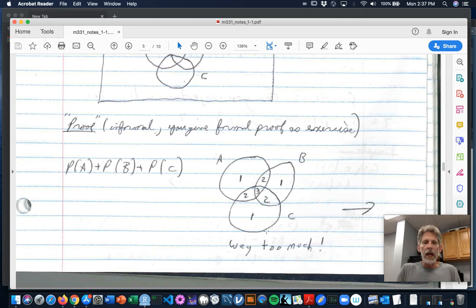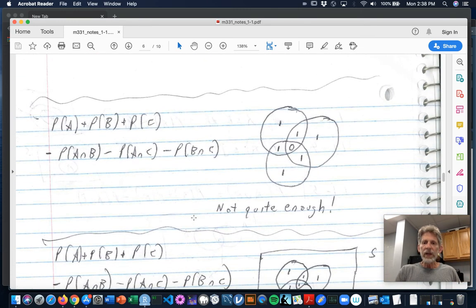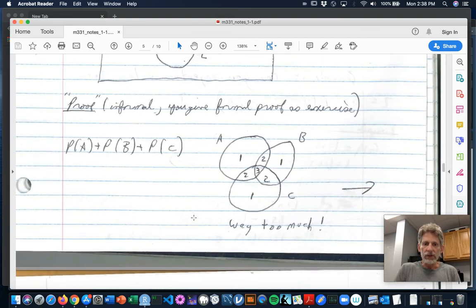Too many times. And this stuff that's in A and B and C, it got thrown in 3 times when you threw in A, B, and C. So a lot of stuff got thrown in too much. This answer in general is going to be too large. So we've got to make up for that. We've got to take away those things that got thrown in too much.